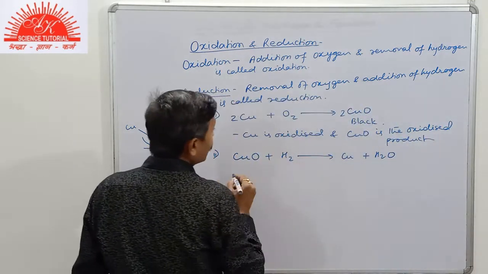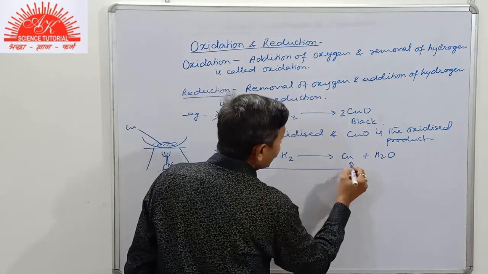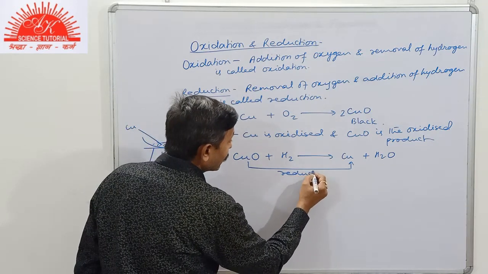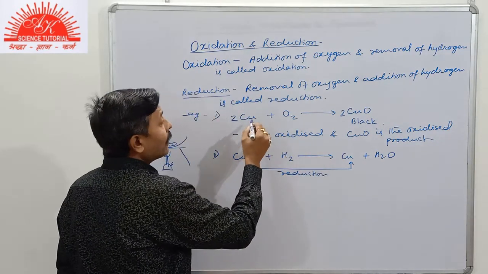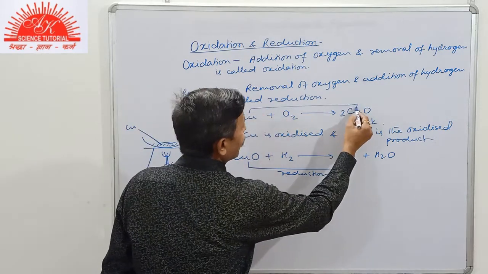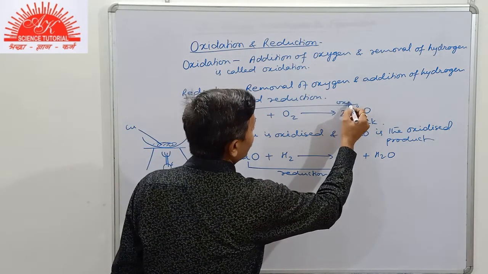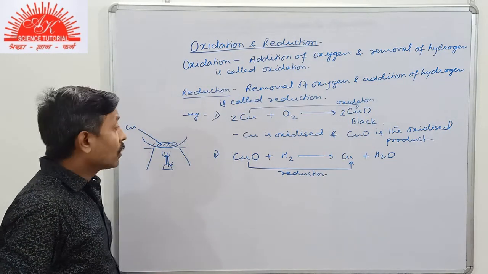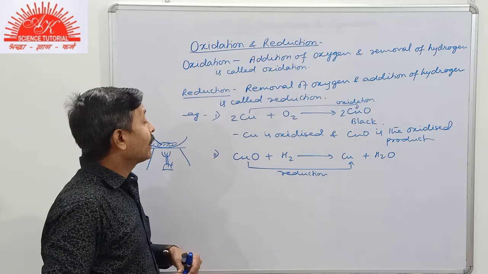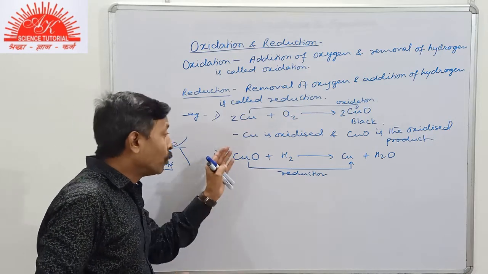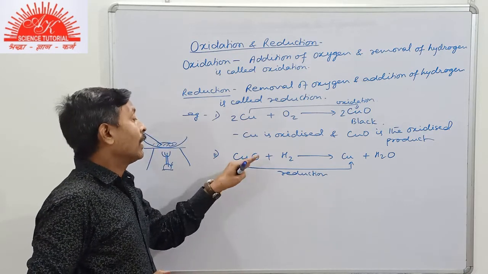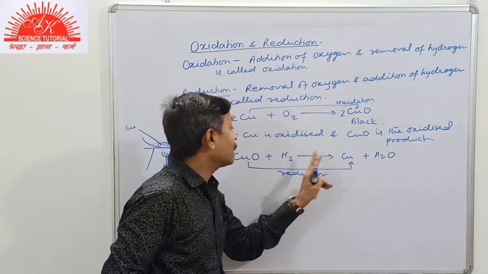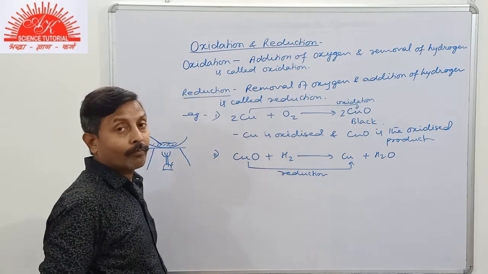In this part, oxygen is removed. As a result, this is reduction. In the earlier part, since oxygen was added, it was oxidation. Here oxygen is removed from copper oxide, the black colored substance turns to reddish brown metal, hence it is reduction.